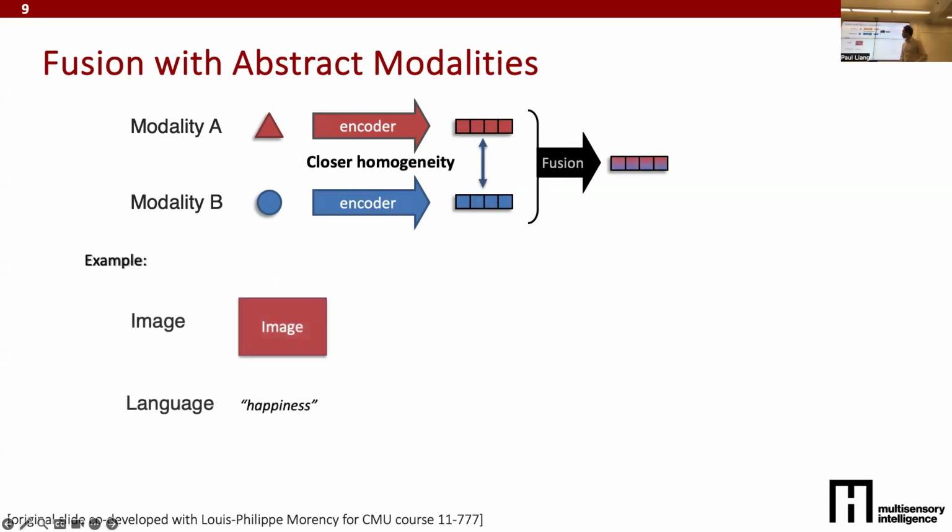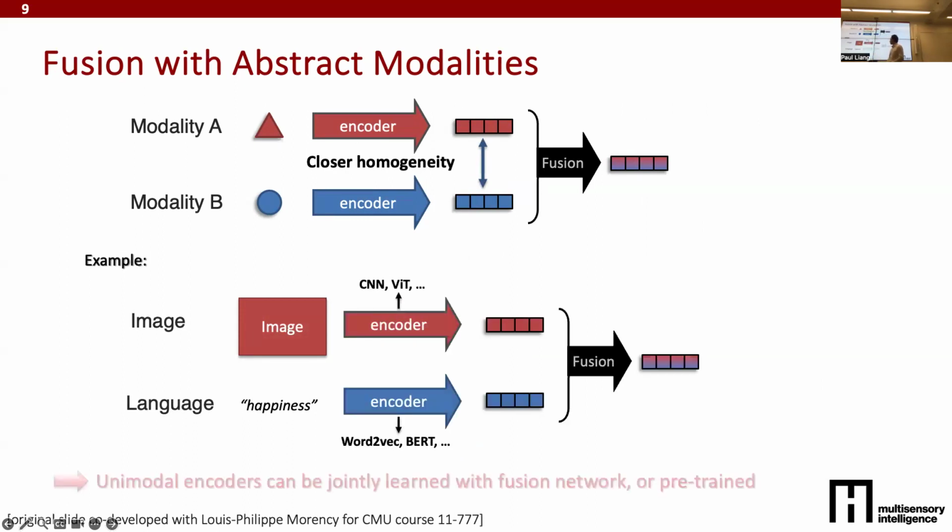So for example, you could extract image representations through image models, language representations using language models, so word2vec, BERT, language model, and so on. And these encoders, the main intuition is that they're taking in raw data and they're extracting some more abstract features. These features should have some semantic meaning. So they might be dog meaning over here and dog meaning over here. So they're more similar semantically, and you can start doing less work in fusion.